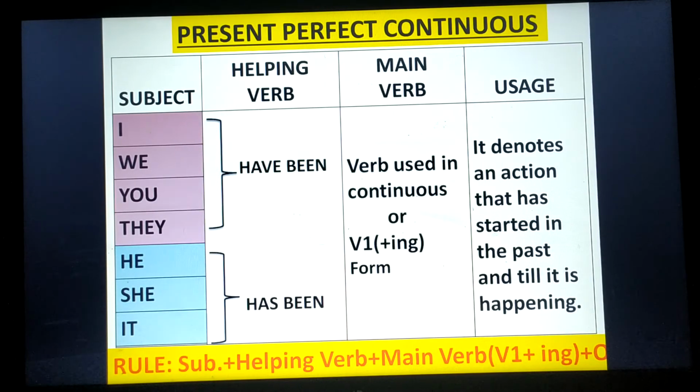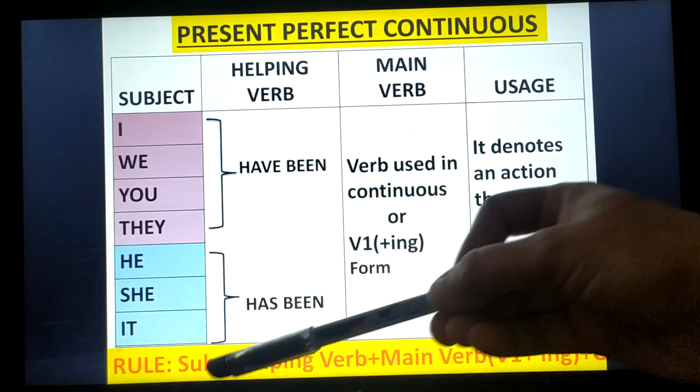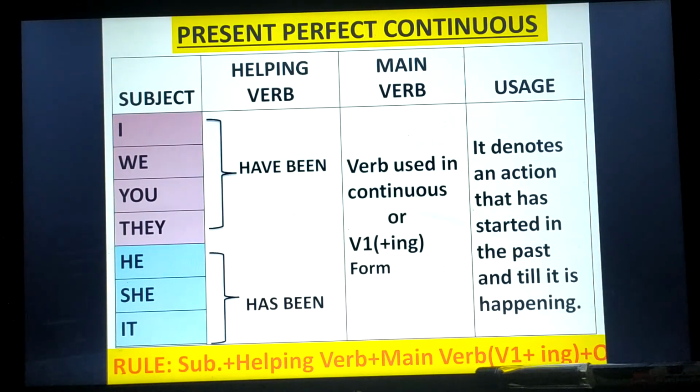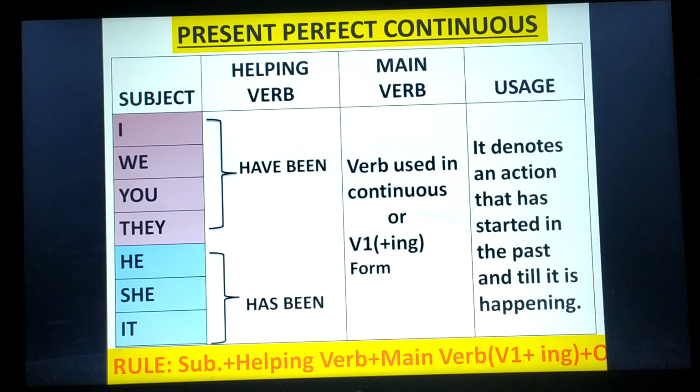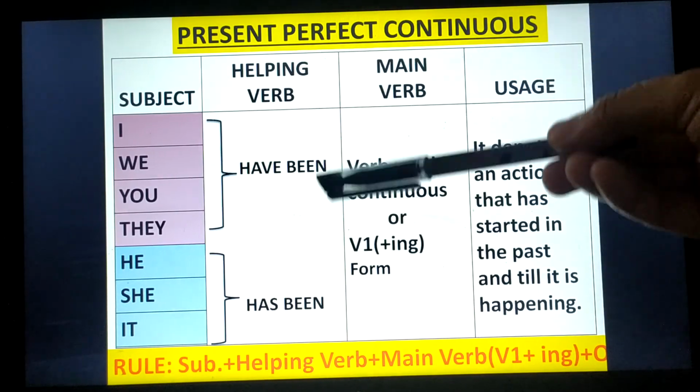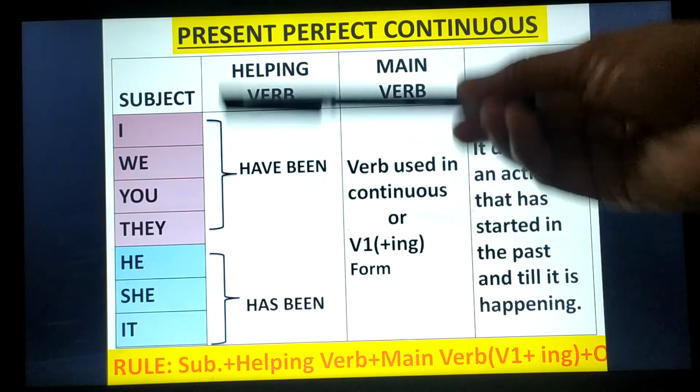For its formation, we take the subject, then the helping verb, then the main verb, meaning the first form of the verb with ing, and then the object, right? If you look at the subject, we have here I, we, you, they, he, she, it, right? The helping verbs are different for different subjects, according to the subject, right?